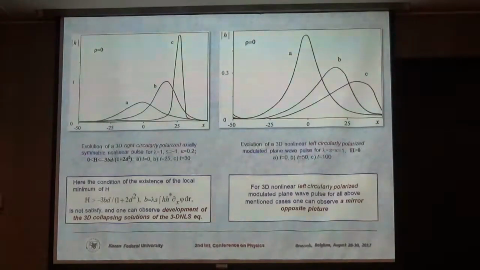This figure shows another case. In the picture, you can see that the condition of existence of the local minimum Hamiltonian is not satisfied, and one can observe the development of the three-dimensional collapsing solutions of the three-dimensional DNLS equation.